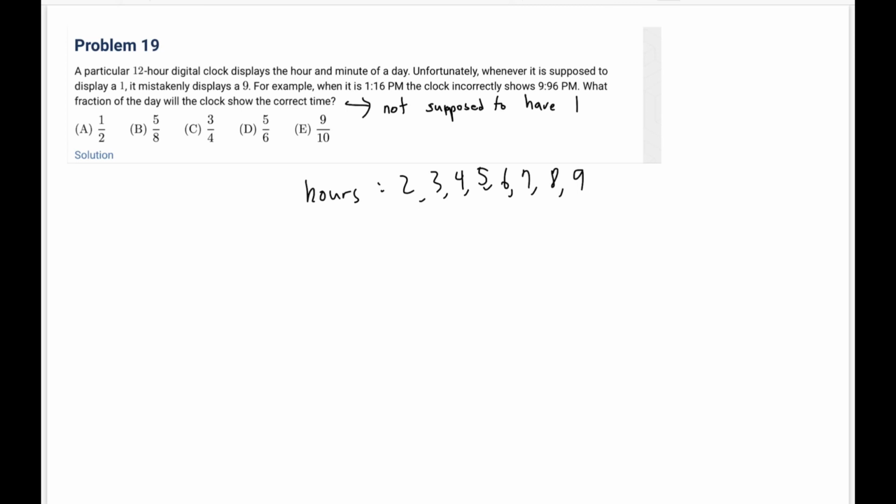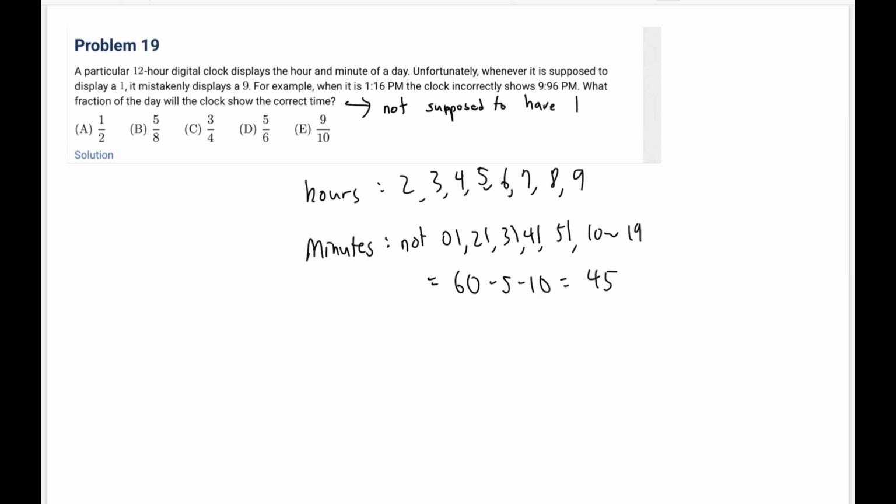And then the minutes would not be 01, 21, 31, 41, 51, and 10 to 19. So this is 60 minus 5 minus 10. This is 45. And so 2, 3, 4, 5, 6, 7, 8, 9, these are 8 numbers, and these are 45 numbers.